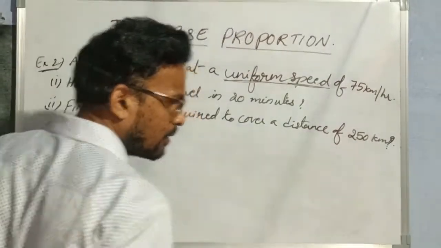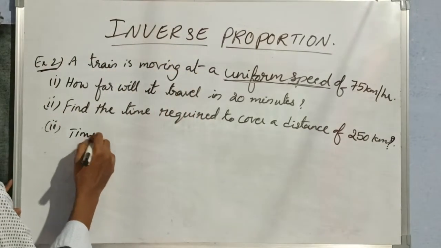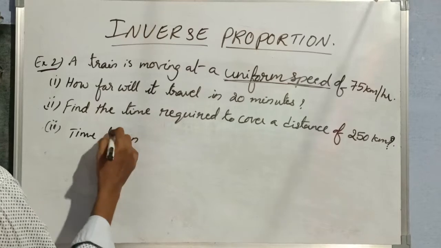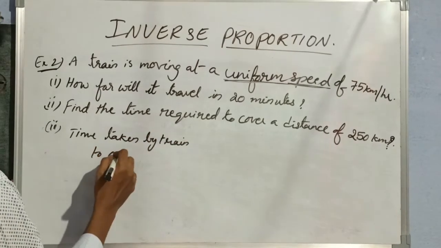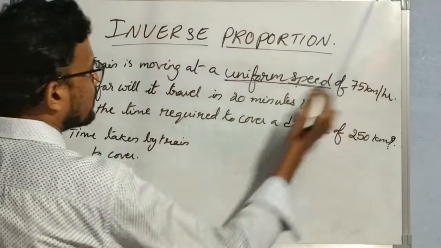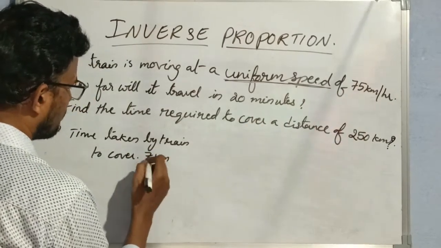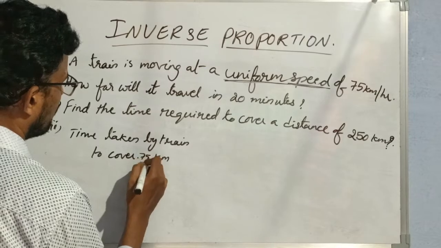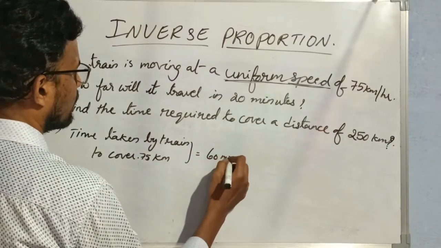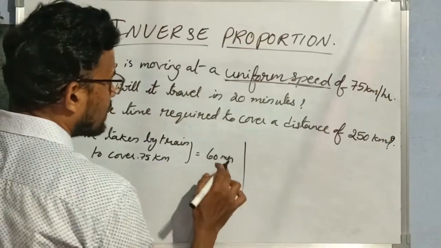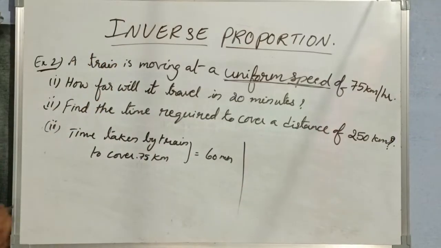First point: the time taken by the train to cover 75 kilometers is equal to 60 minutes. Correct? 1 hour is nothing but how many minutes? 60 minutes.